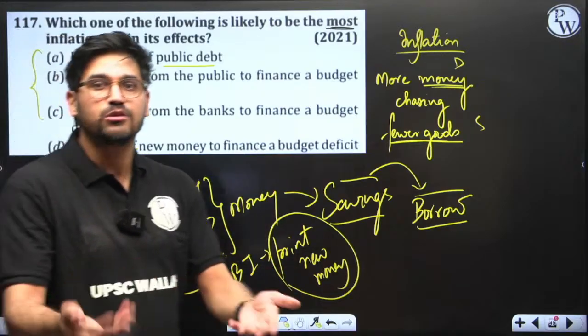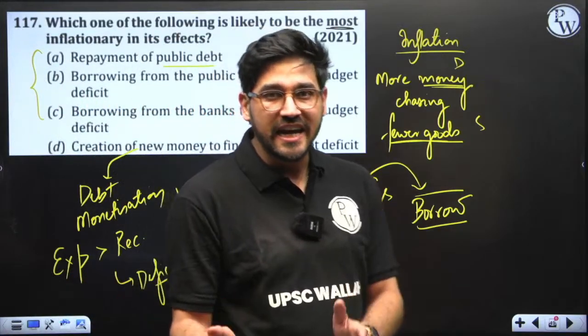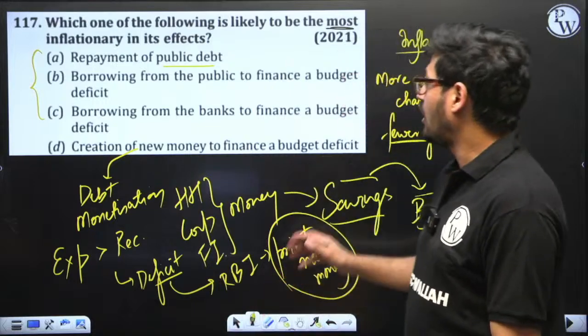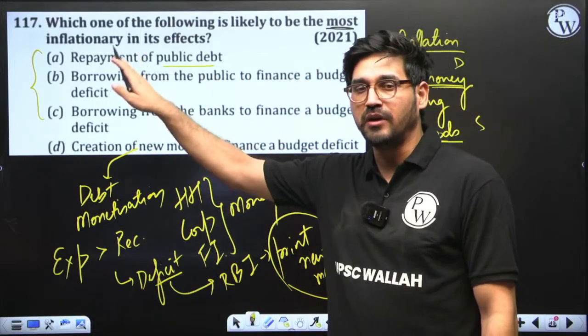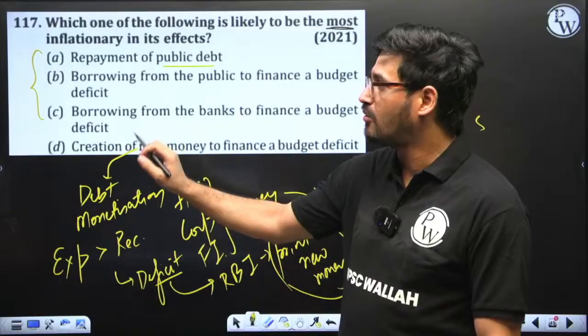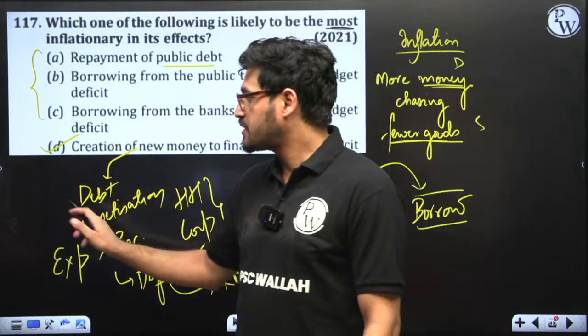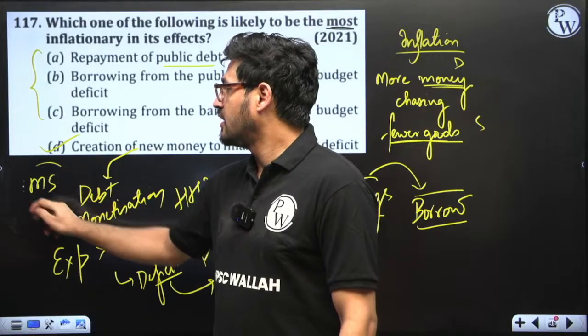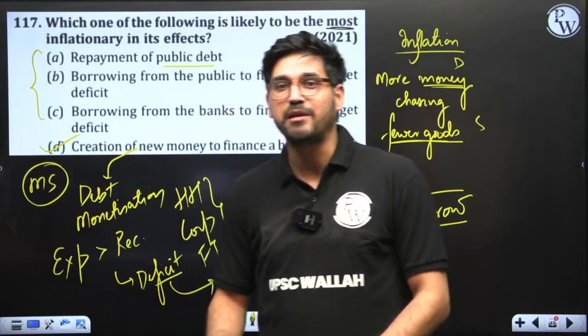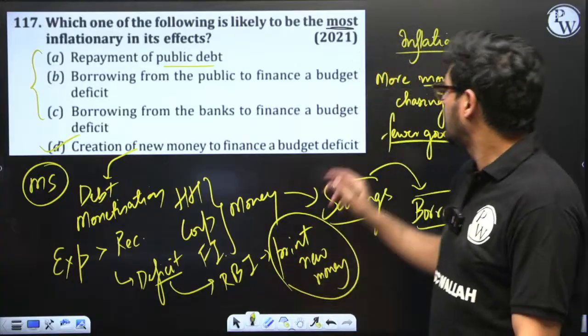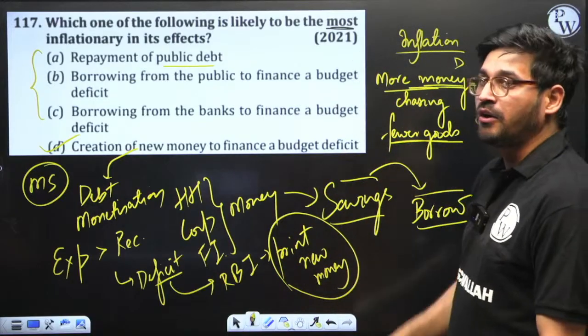You are adding to the money supply, right, by creating new money. Now, of all of these, many of these could be inflationary, but the most inflationary has to be option D. Why? Because option D is where you are adding to the existing money supply by printing new currency. That means there is going to be more money chasing fewer goods.